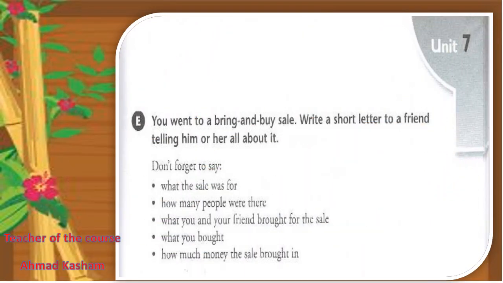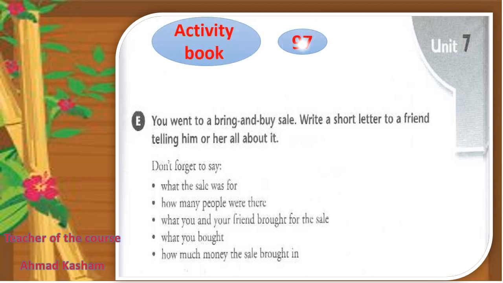Now, my dear students, in your activity book, page 97, we have exercise A, writing. You went to a bring and buy sale. Write a short letter. So we are going to write a letter to a friend telling him or her all about it.